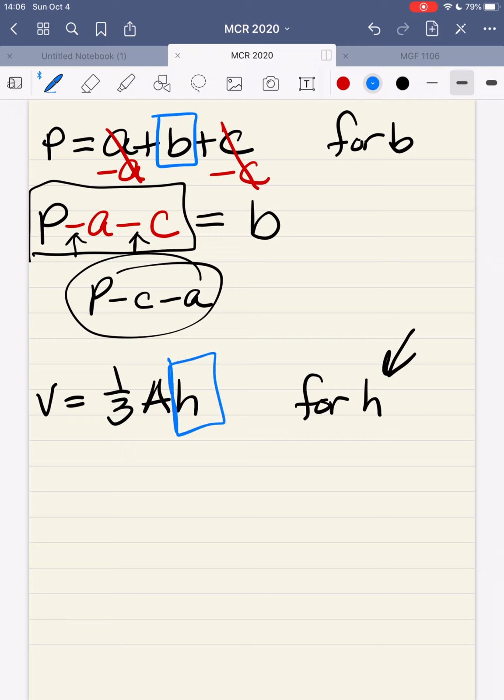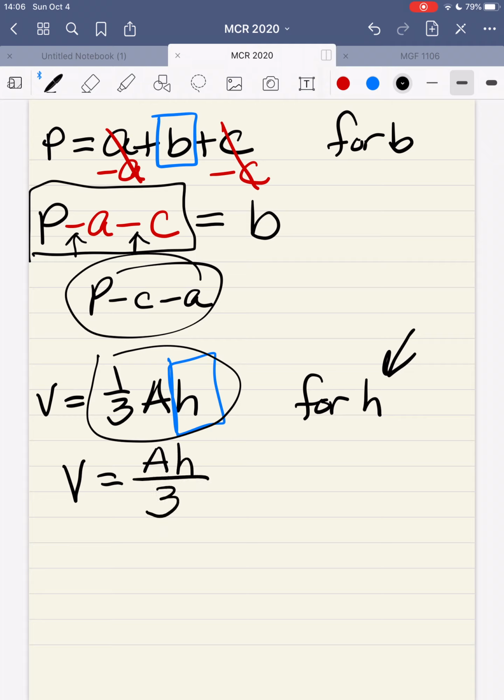Okay, I can handle it in two different pieces, or I can think about rewriting my equation to more fully match something else. So if I have V on this side, this statement over here is the same as saying A over H divided by 3. Okay?